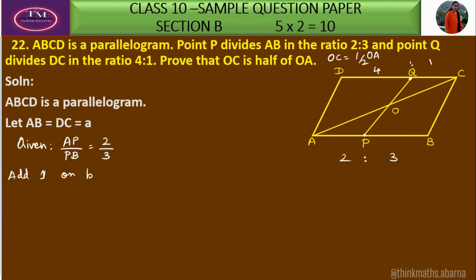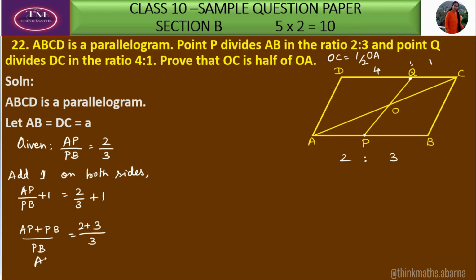We get AP by PB plus 1 equal to 2 by 3 plus 1. PB will be the LCM, so in the numerator we have AP plus PB. The same way on the other side, 3 will be the LCM, 2 plus 3. What is AP plus PB? AP plus PB is AB. So AB by PB equal to 2 plus 3 is 5 by 3.